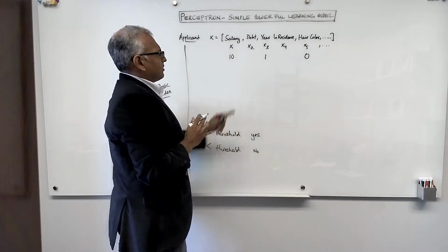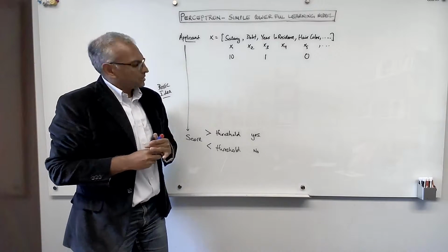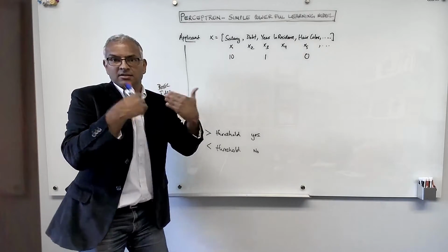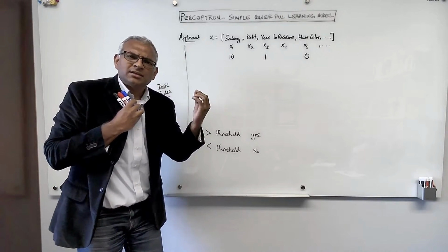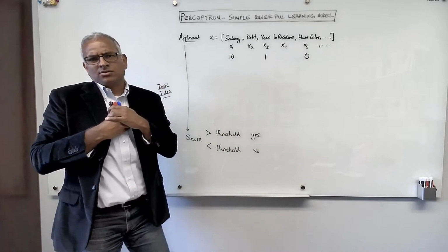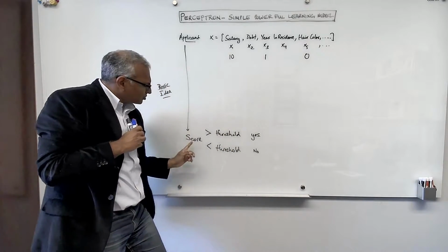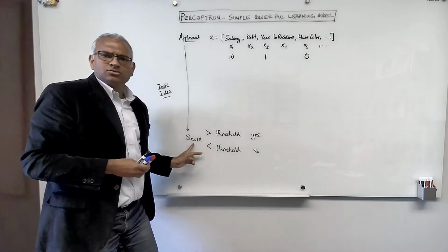And now, what about debt? Debt is an interesting guy. Debt is an important factor in deciding whether or not to approve credit. But the higher your debt, the less likely it is that you should get credit. And this score is such that the higher the score, the more likely you should get credit.